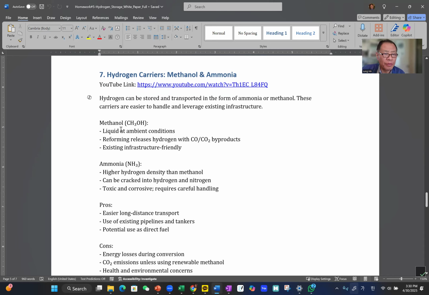One of the most important points of methanol is that it is a liquid at ambient temperature, at room temperature. And then whenever we need, we can reform it and release hydrogen, with CO and CO2 byproducts.